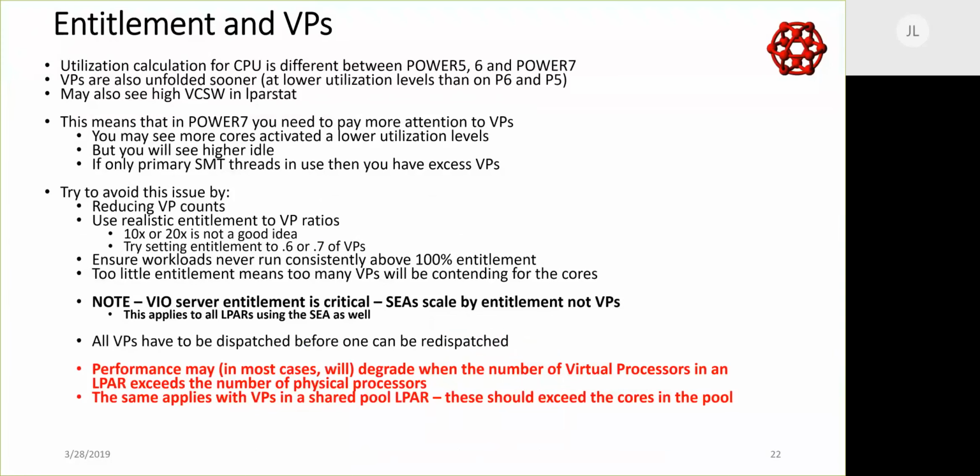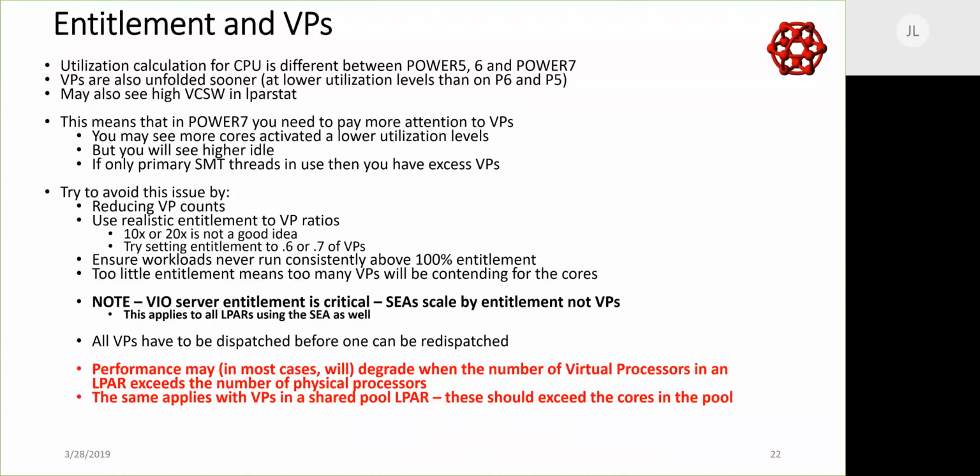This is a somewhat long-winded slide, but the whole point of the slide is you can allocate a virtual machine all the way down to a 20th of a core. So I could have 20 virtual processors on a single core LPAR. What that means is that every time something gets dispatched, it's going to get half a millisecond.